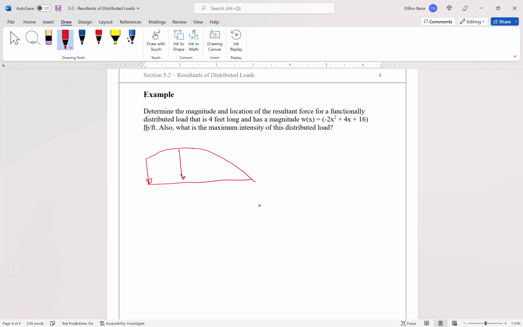I've got some functional load, W of X. We'll just go ahead and set that as 0, or as the origin, right? The vertical axis will be W, horizontal axis will be X, right? W of X is given to us in the problem statement. W of X is equal to negative 2x squared plus 4x plus 16. Okay. The load itself is 4 foot long.